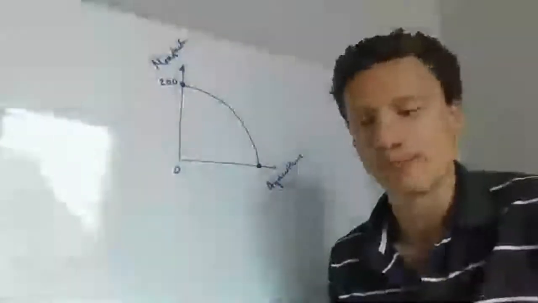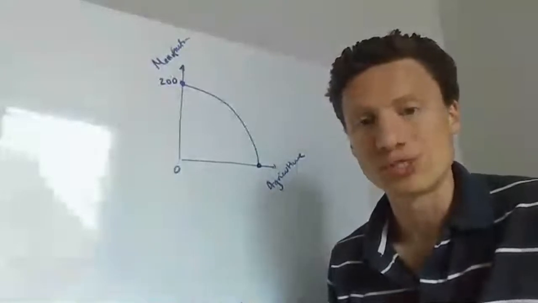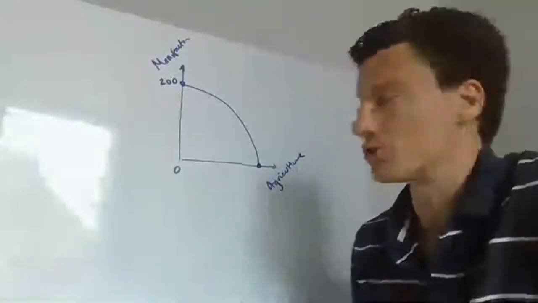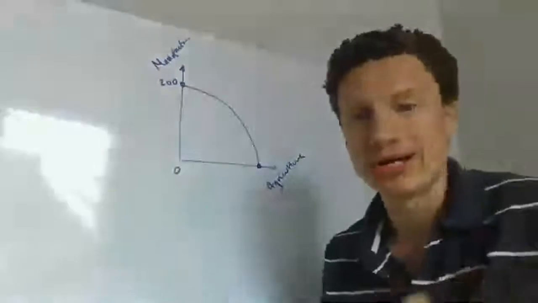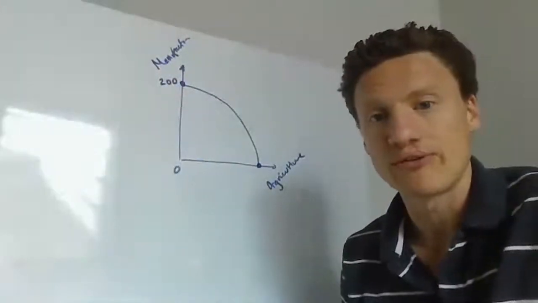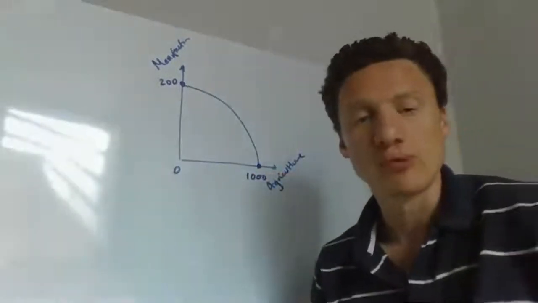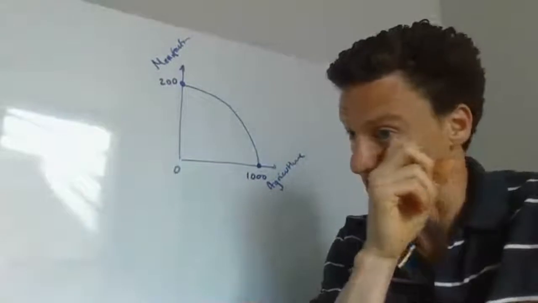So these 2 points at either extreme represent points of what we call specialization, when we have put all of our resources into a different industry. Maybe you get 200 manufacturing goods if you specialize in manufacturing goods, and again, this is just a hypothetical number. Maybe you get 1,000 units of agriculture if you put all of your resources into agriculture.